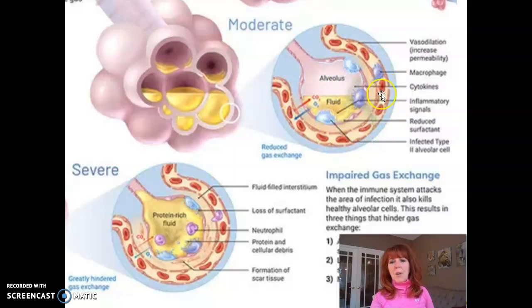In addition to those red blood cells, the blood in this capillary also has immune cells like macrophages and other neutrophils, which we might see right here. These cells sense that there is an infection, and they come in to try to take care of that infection.